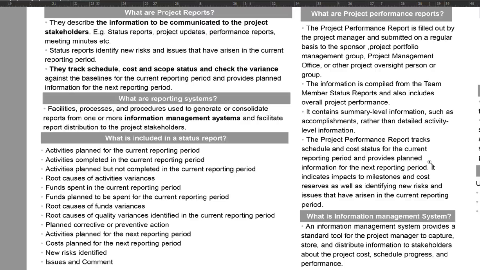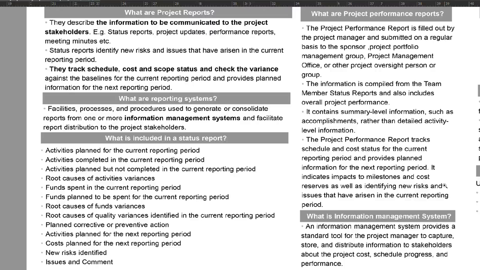So it does identify if there is any impact to any of the milestones, and important is the cost reserves. Do we have enough cost reserves? Because it looks like our project might be delayed for some reason. Our scope has changed from the baseline and we need to add a few more extra tasks.